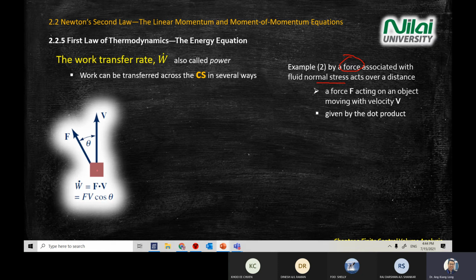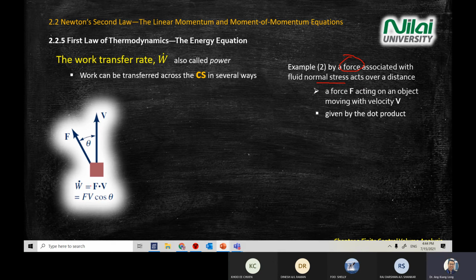If you move an object with a velocity and a force, you will get power, or the rate of change of your work, W divided by T, or power in short. Recall this, you also learned in your dynamics class when you learned about power. So W dot equals F dot V.